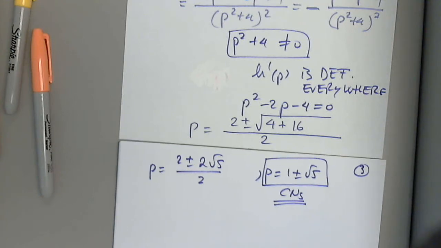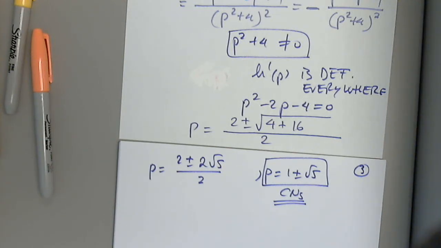Yes, Braden, go ahead. I don't understand the two conditions for where a critical number exists. So critical numbers exist only when the derivative is 0 or undefined. Because we said h prime of p is defined everywhere. Yes, it's never undefined. It's a fraction that will never have 0 in the denominator. If it never has 0 in the denominator, it will be defined everywhere.